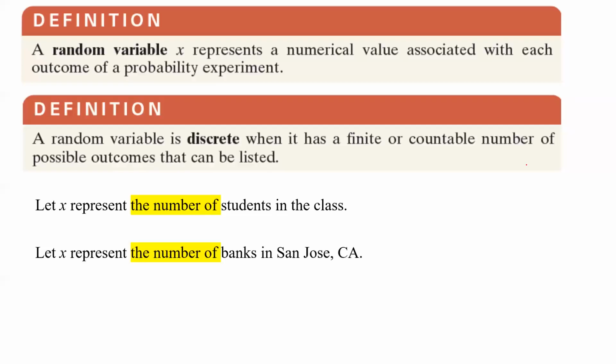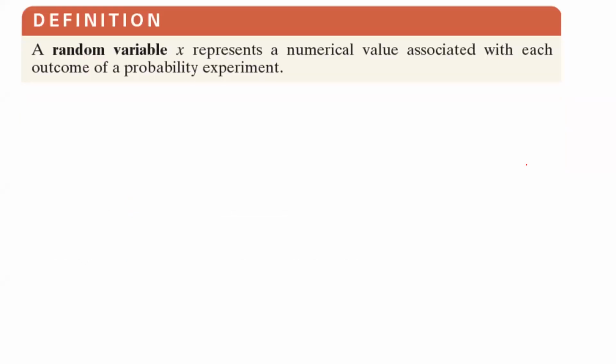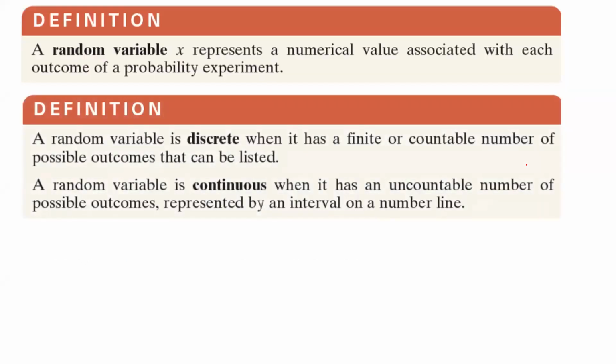Other than a discrete random variable, we have a continuous random variable. A random variable is called continuous when it has an uncountable number of possible outcomes. It's represented by an interval on a number line. So give us an example.